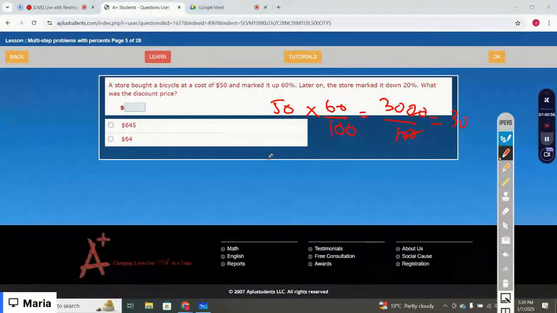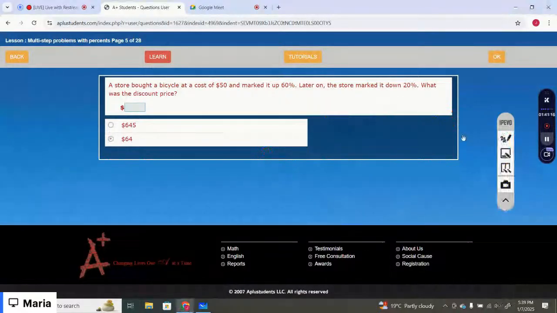So that means now the price is 80. Markdown 20% is 16, so 80 minus 16 is $64. That means now it is $64. Option number 2 is the correct option.